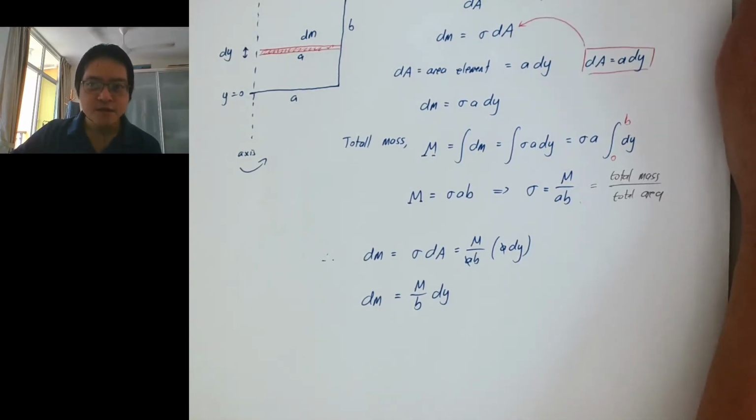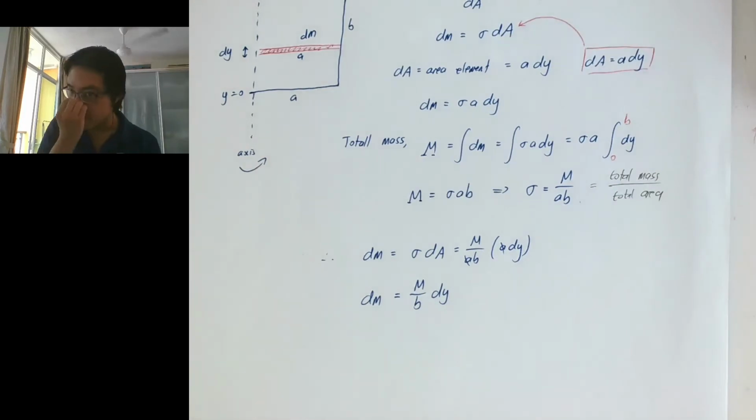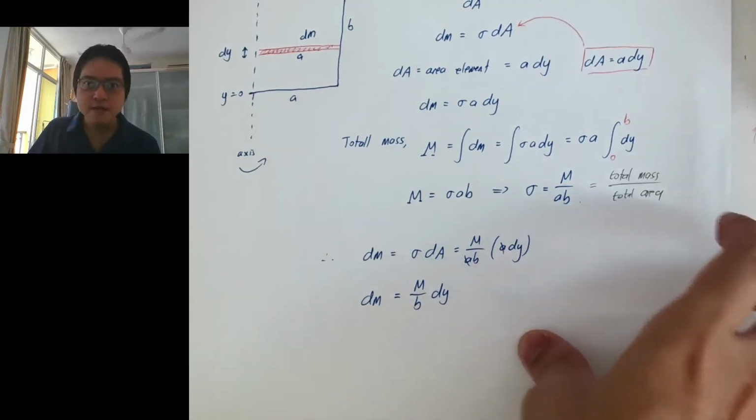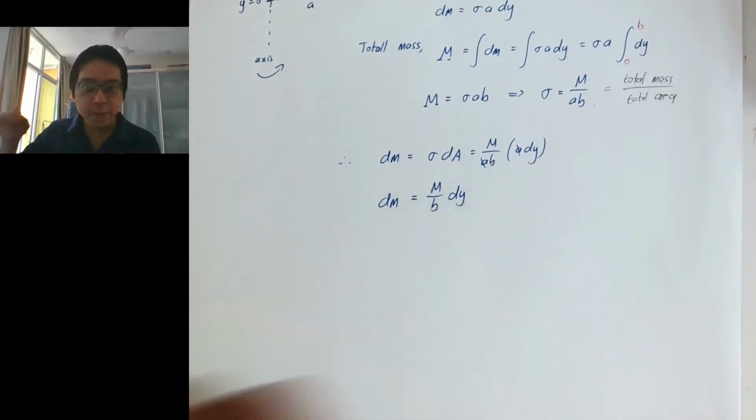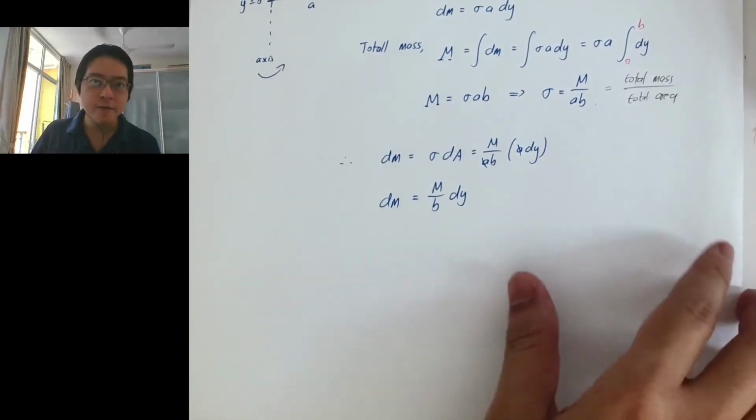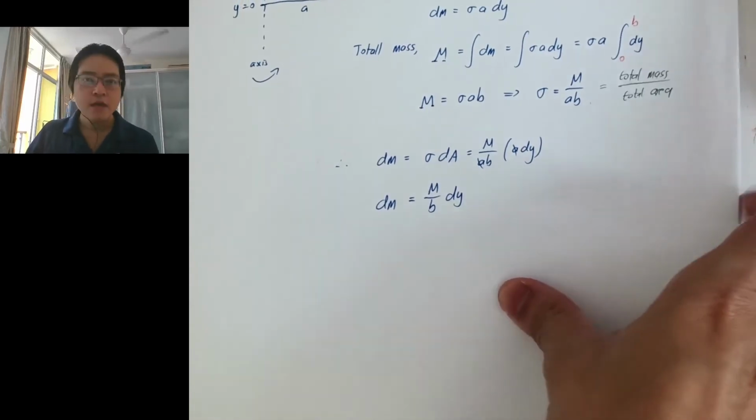Okay, then what else? So I got the dm in terms of y already. Now this is the trick, right? This is how we avoid doing multiple integrals. It goes like this.